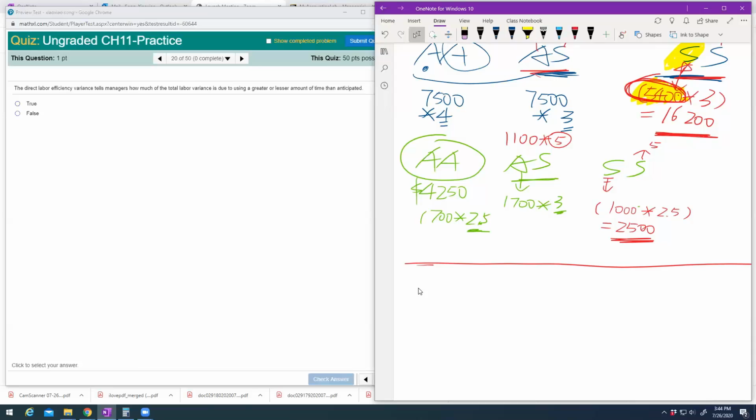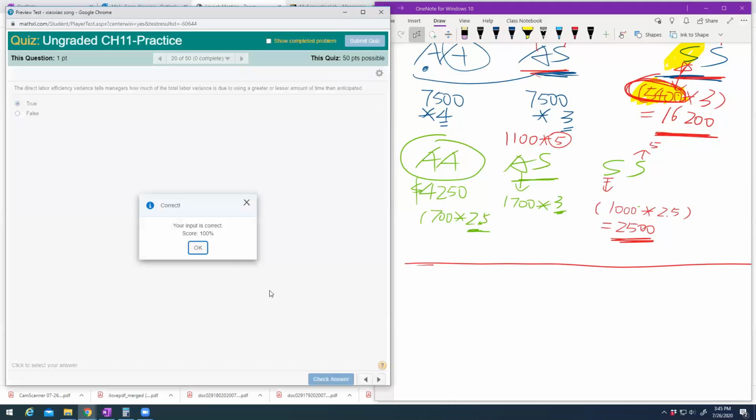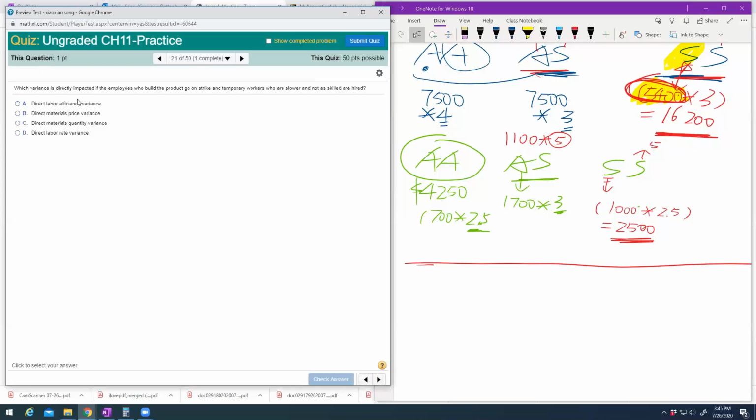Let's get started. Direct labor efficiency variance tells the manager how much of the total labor variance is due to using labor hours. So this is the efficiency. It's very similar to the quantity. Next one: which variance is directly impacted when the employees who build the product go on strike and temporary workers who are slower and not skilled are hired?